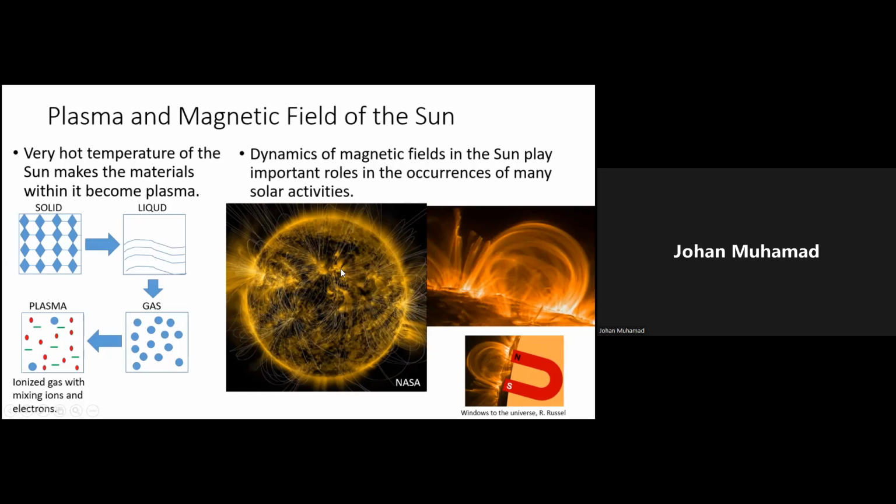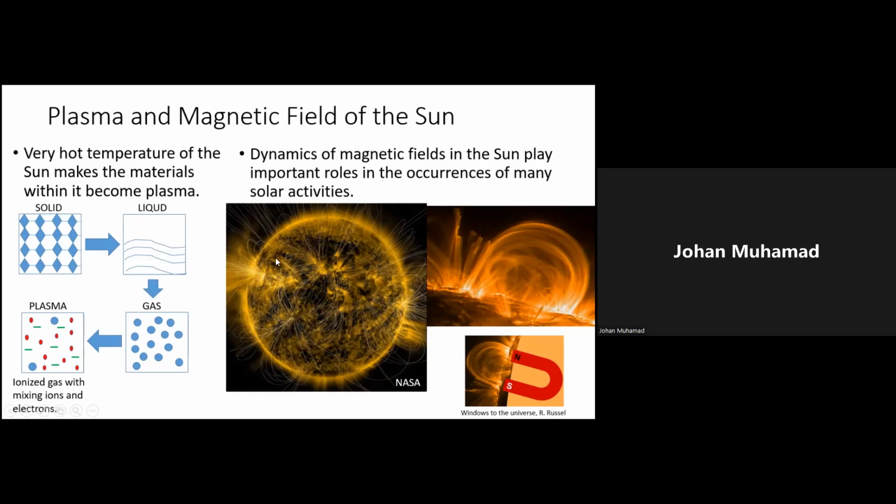If we can extrapolate the magnetic field in the sun, then we can see that the sun is full of magnetic field lines connecting to each other, and it's very complicated like this.